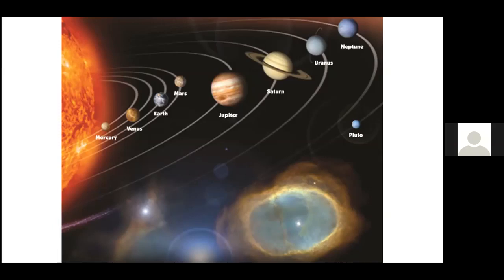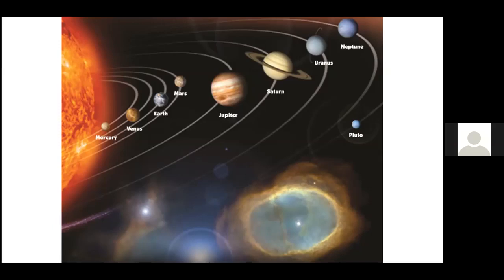To be a planet, it has to orbit a star, it has to not orbit another planet, such as a satellite, and it has to dominate the vicinity of its orbit. Unfortunately, Pluto's orbit is dominated by Neptune, so it's not a planet anymore. So the planets are Mercury, Venus, Earth, Mars, Jupiter, Saturn, Uranus, and Neptune.